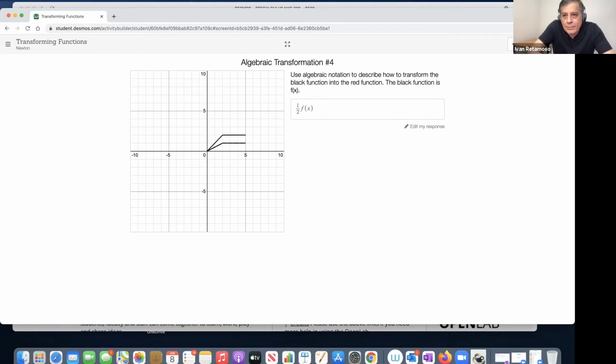So let's move on. Let's see more. What about this one? Use algebraic notation to describe how to transform the black function into the red function. Notice the black function here, red function here, clearly is a horizontal translation, right?